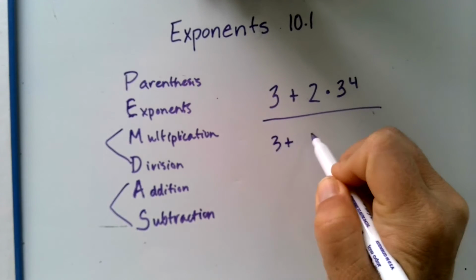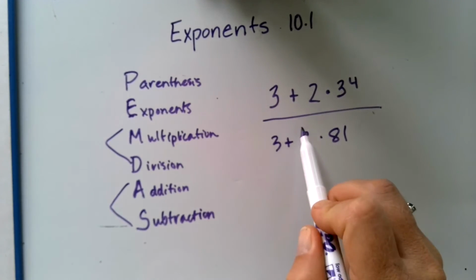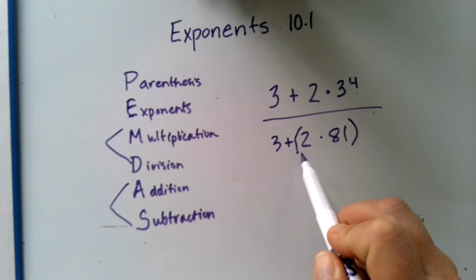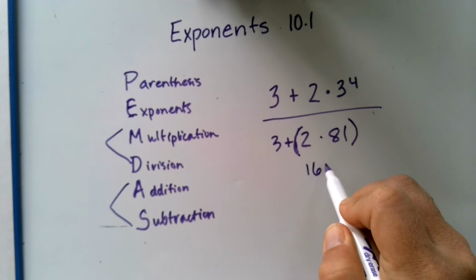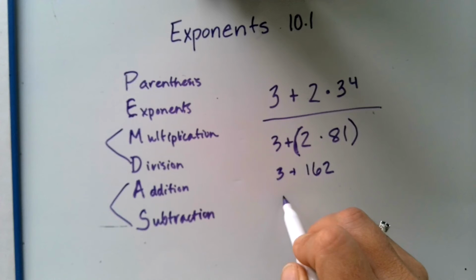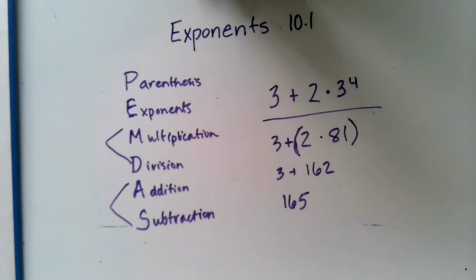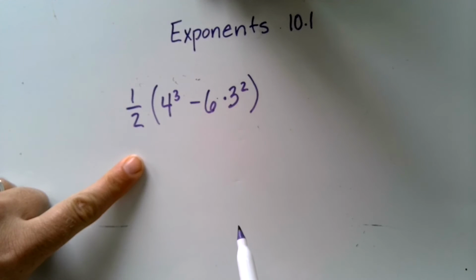So 3 plus 2 times 81. Now the important thing to notice is that you have to do the multiplication before you do the addition. So 2 times 81 is going to give us 162, and then we add 3 to that, and our final answer will be 165.